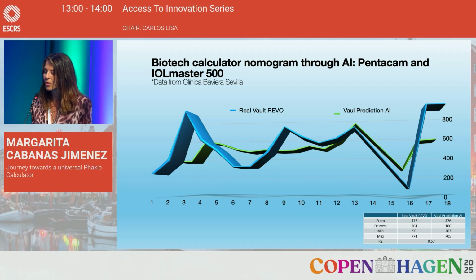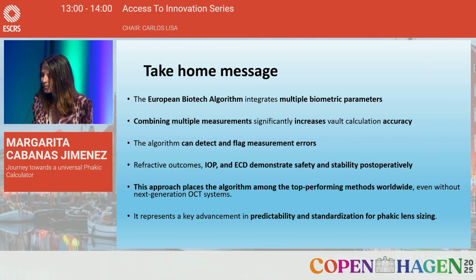Calculator helps choose lens size. For example, in one case we changed from 12.5 to 12, because the vault predictor showed that we were going to have a low vault, and it was correct once again.